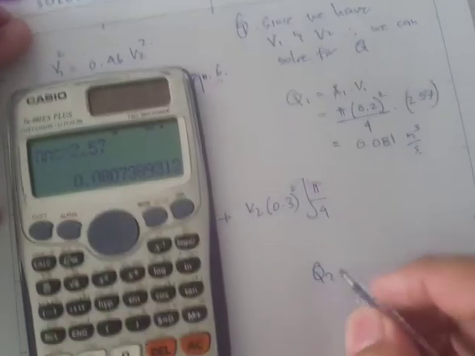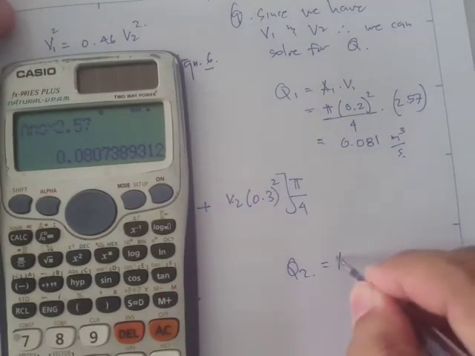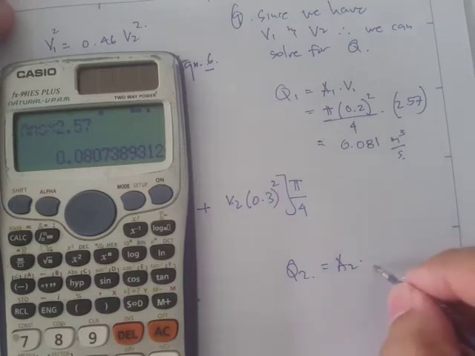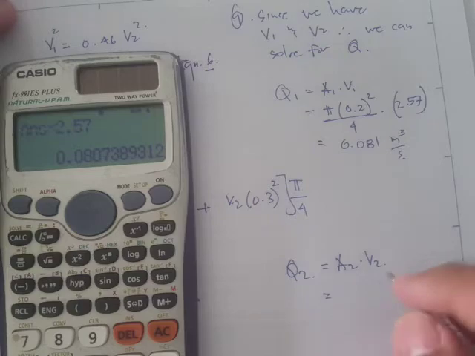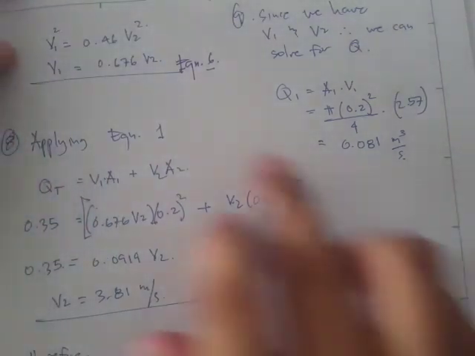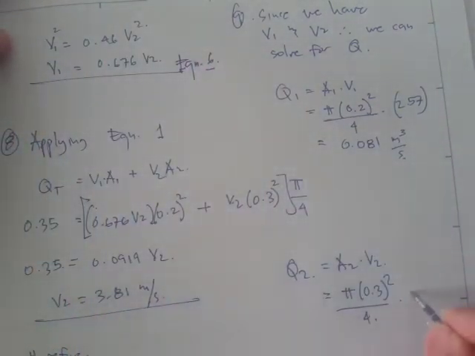And for the flow rate at pipe 2, we have area at pipe 2 times the velocity at pipe 2. So area is pi d squared all over 4 times the velocity at 2, which is 3.81.